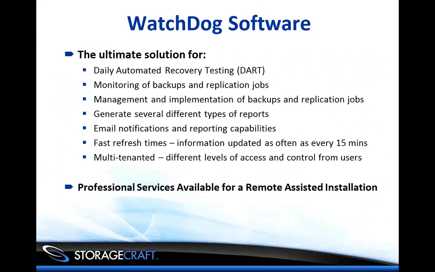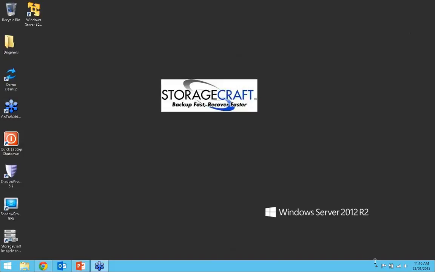You can manage and implement Shadow Protect and Image Manager jobs remotely. You can generate several types of reports. You can actually schedule the reports with the Watchdog Pro version. You can email notifications to yourself. It has fast refresh times, of course. You can refresh information every 15 minutes. And it's multi-tenanted to different end users, and reseller contacts can have different levels of access.